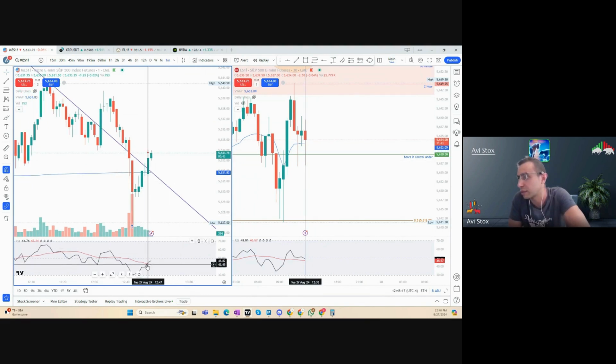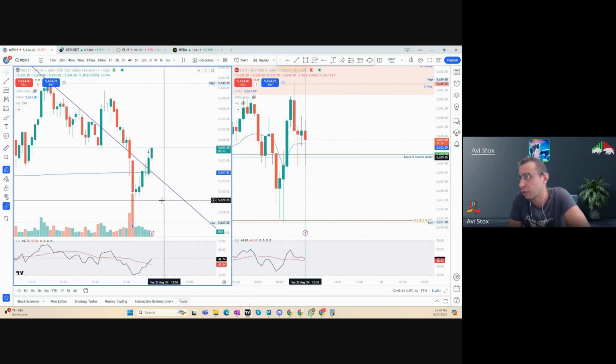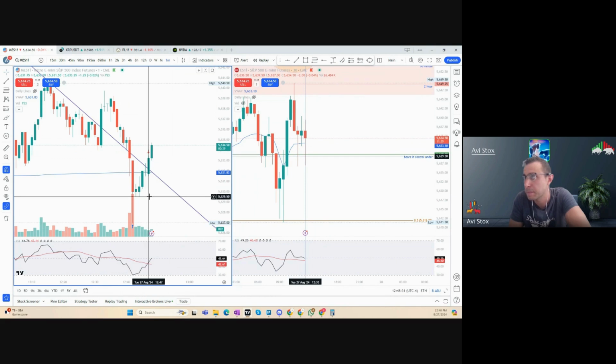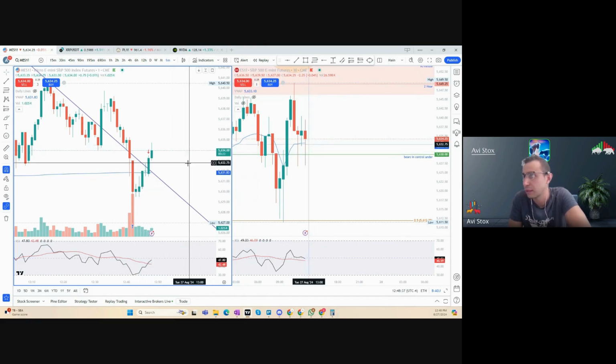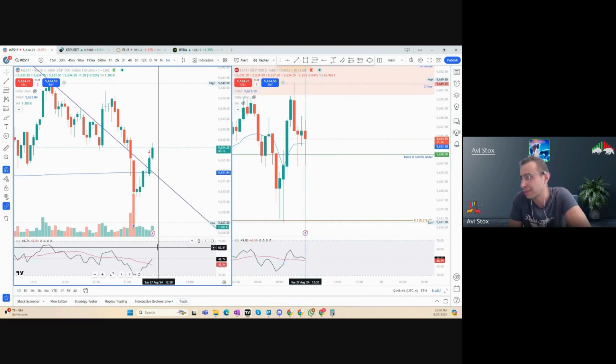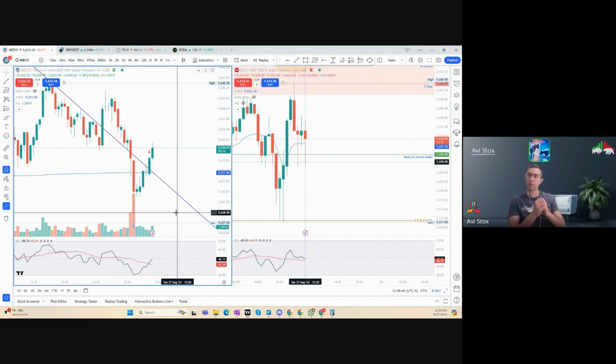And you can see it's actually just crossed the VWAP here on the RSI. Yeah, so more or less had a bit of a profit taken from that, not much, but it's okay.